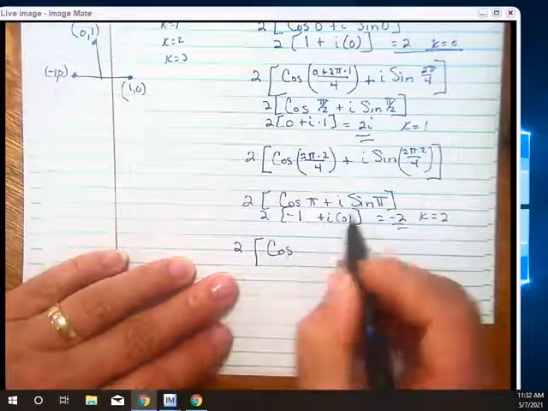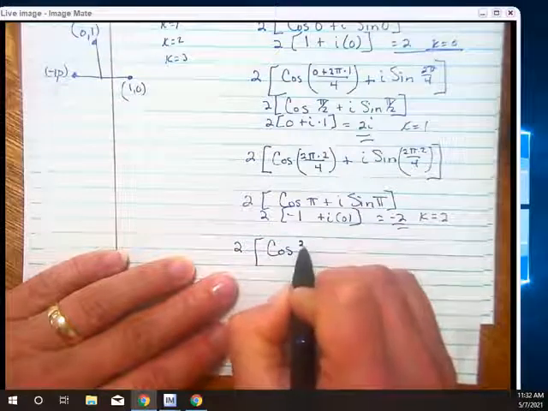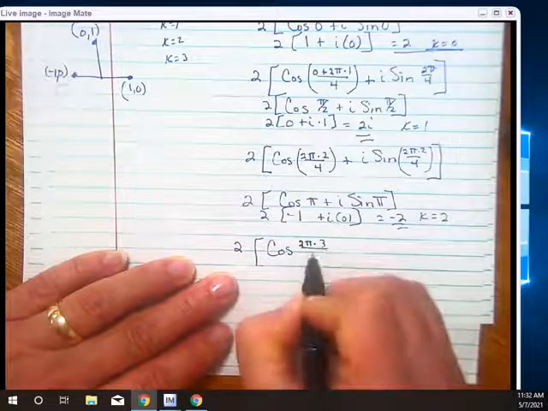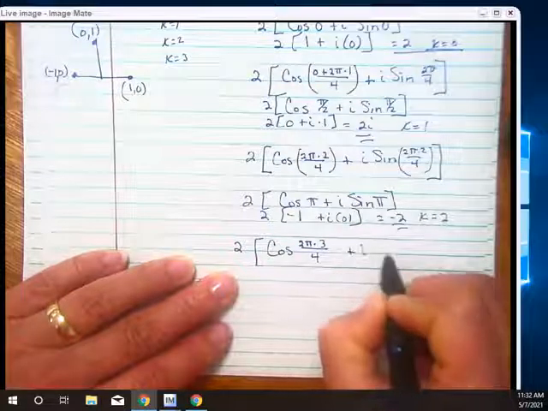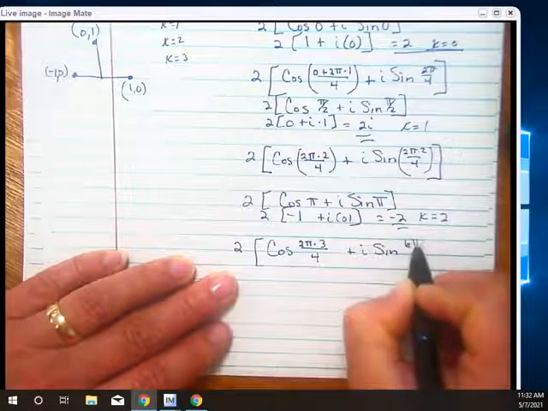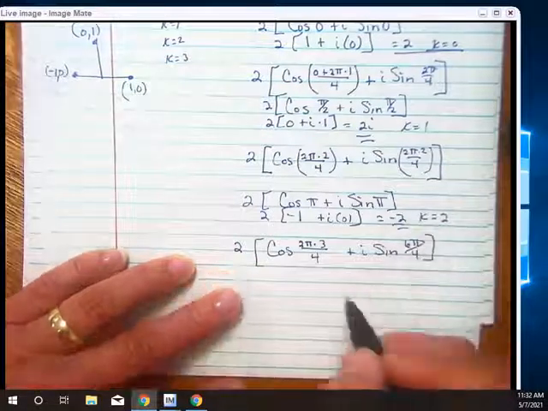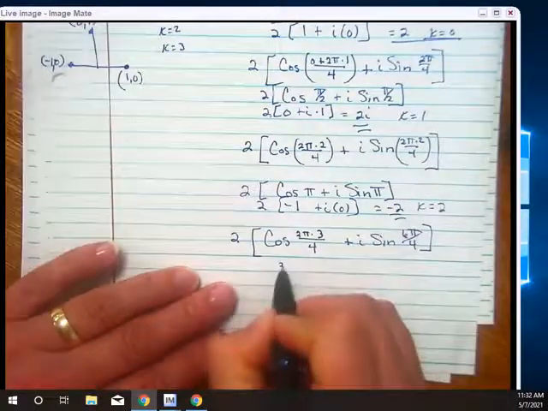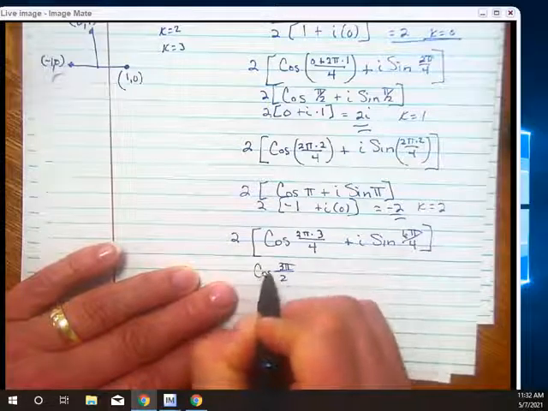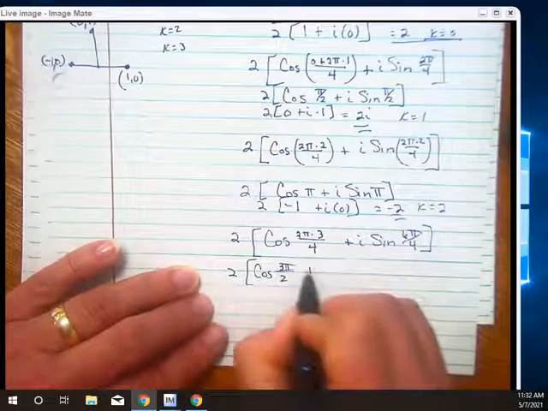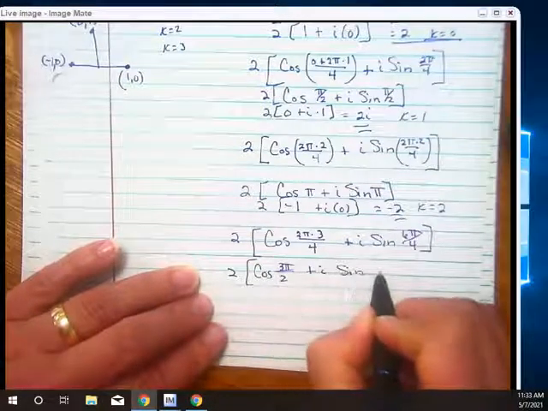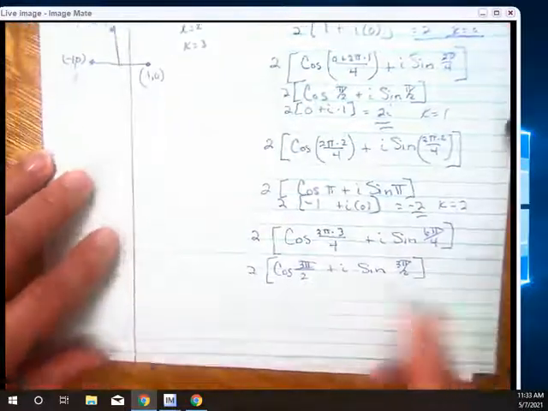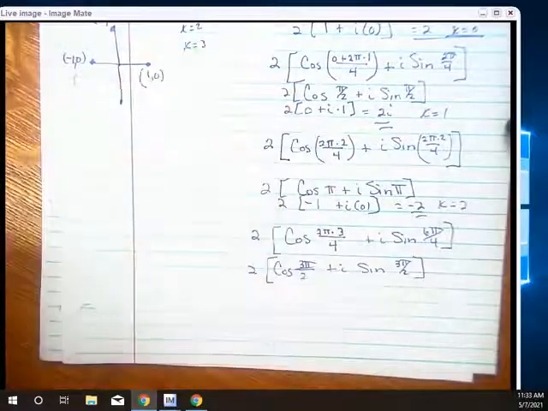So cosine of 2 pi times 3 over 4 plus i times the sine of 6 pi over 4. 6 pi over 4 reduces to 3 pi over 2. And what is my reference angle? Well, 3 pi over 2 is 270, right?